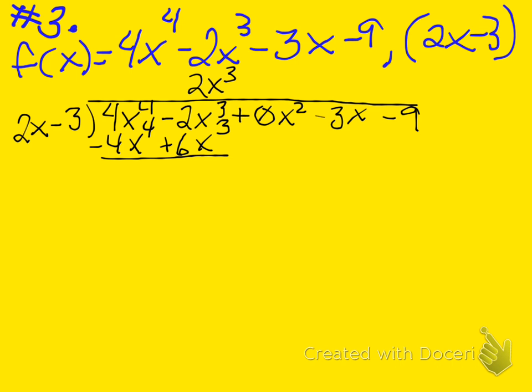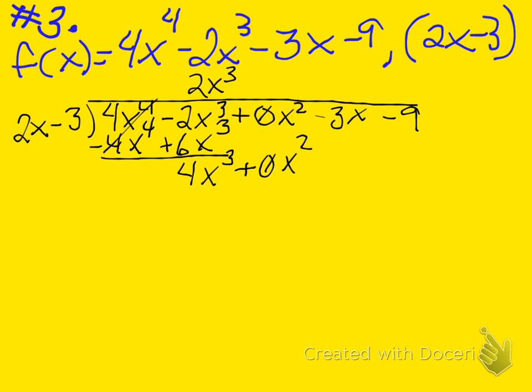And then you combine the top and the bottom. So 4x to the fourth minus 4x to the fourth is just going to be 0. Then I have negative 2x cubed plus 6x cubed, which is simply going to be 4x cubed. Then you drop down either all the terms or just the next term.